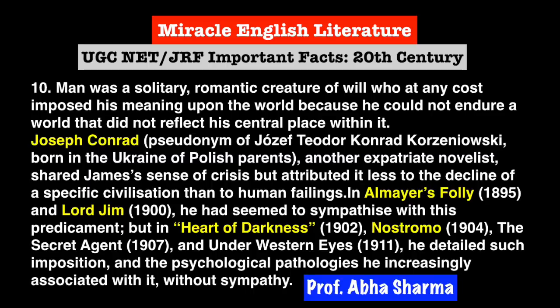He was such a philosophical novelist that he was concerned with the mocking limits of human knowledge, and was affected not only by the content of his fiction but also its structure. So, in Almayer's Folly and Lord Jim, he seemed to sympathize with this predicament, and in Heart of Darkness, Nostromo, The Secret Agent, and Under Western Eyes, he detailed such imposition and the psychological pathologies he increasingly associated with it without sympathy.